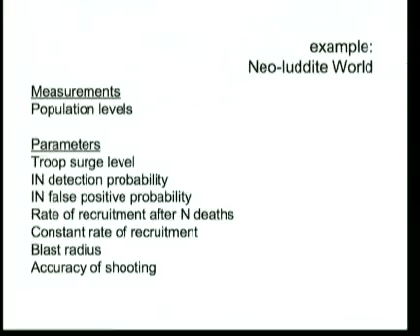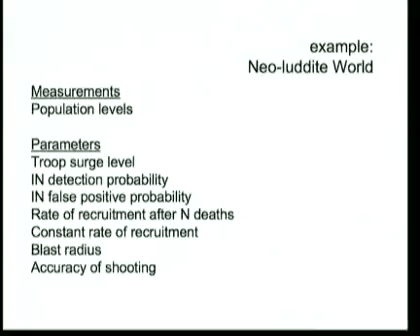The kind of parameters that we might want to notionally capture in the Neo-Luddite world are the troop surge level. This is how many counterinsurgents are being introduced into the environment from external sources. This, of course, is a policy, a military policy.